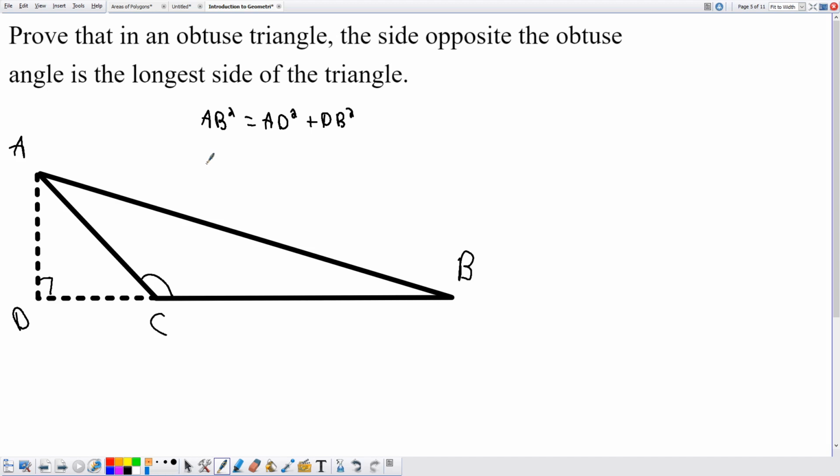Well, DB is equal to DC plus CB. So this implies, since they're both positive values, since you can't have negative side lengths, that DB is strictly greater than CB.